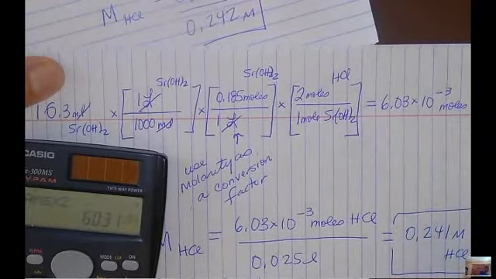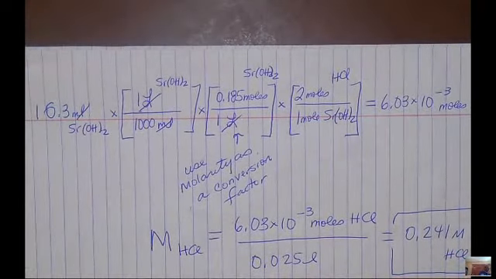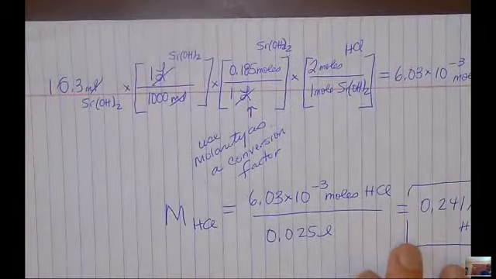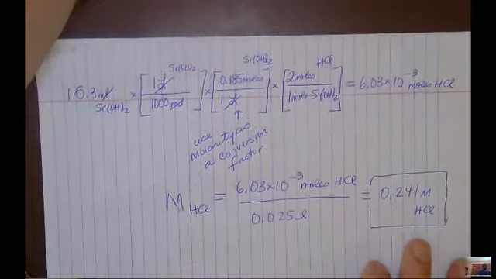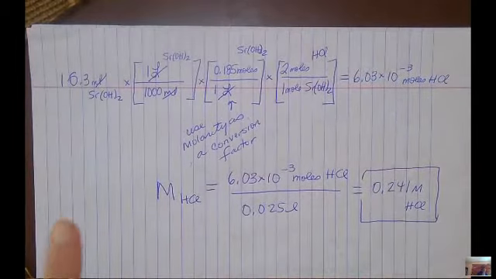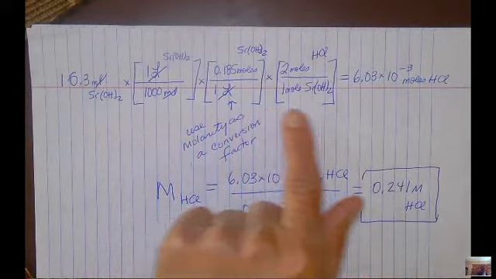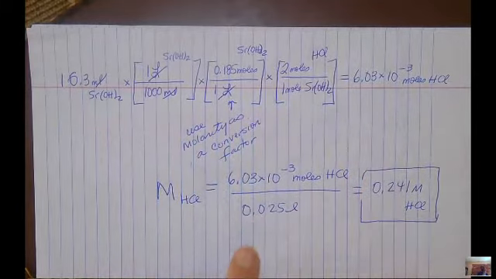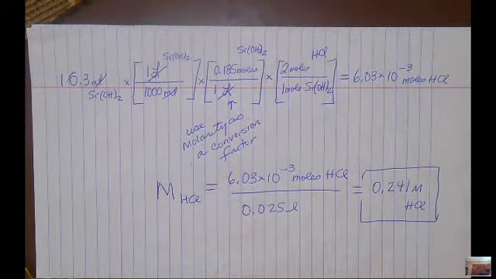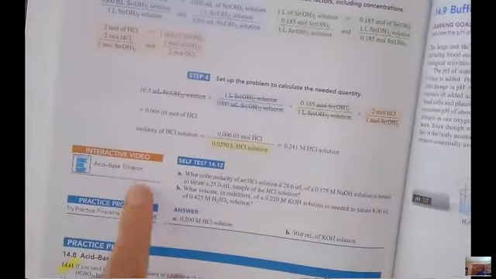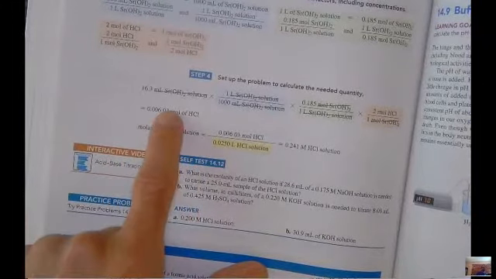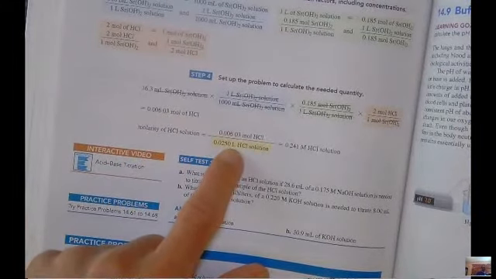So I'll put this on the paper for you to see if you want to make a copy or take a picture. This is doing it straight across in one step, and then do this the last step. They show you the way they did it. I think they kind of did it the same way, right? At the end, they got moles, and then they divided by the number of liters.